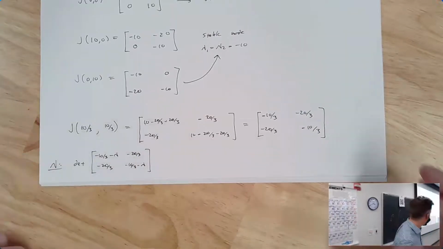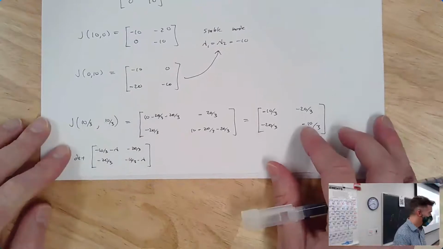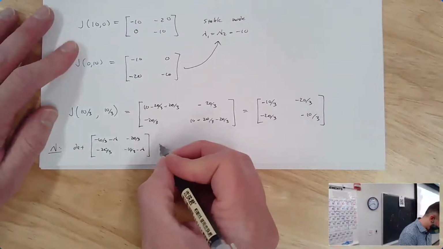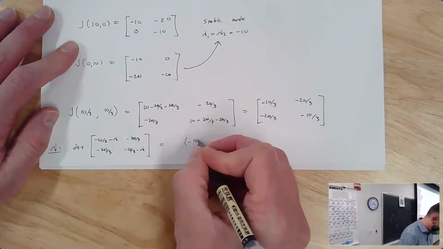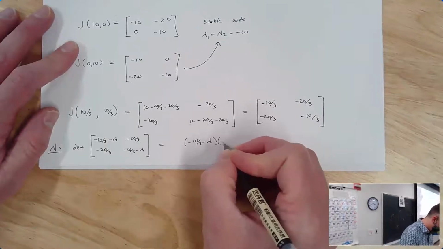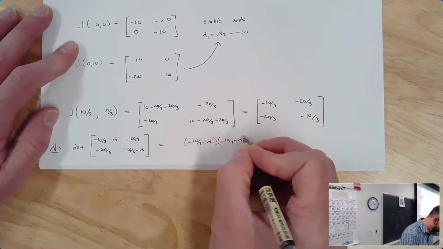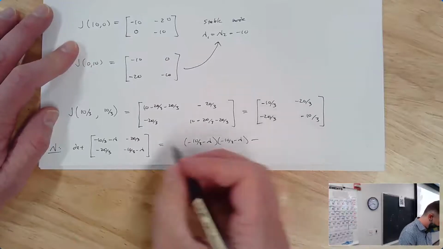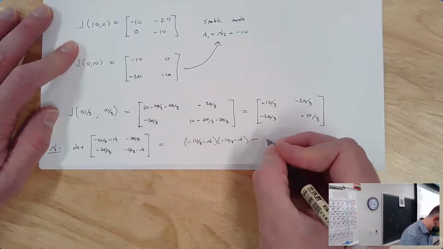Now, there's kind of a trick you can use here if you really want to know. So let's start writing this out. I'm going to get negative 10 thirds minus lambda times negative 10 thirds minus lambda, minus negative 20 thirds times negative 20 thirds.